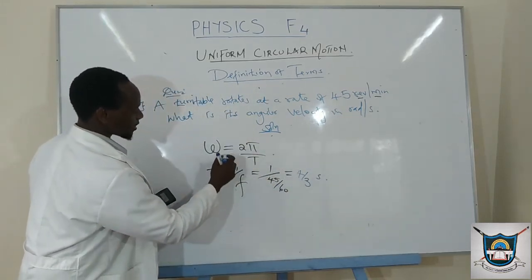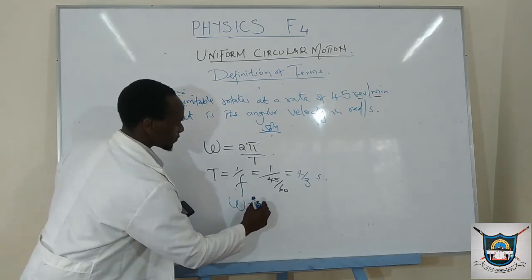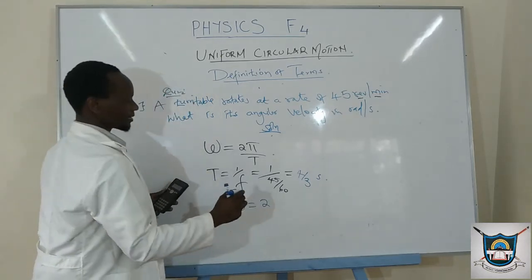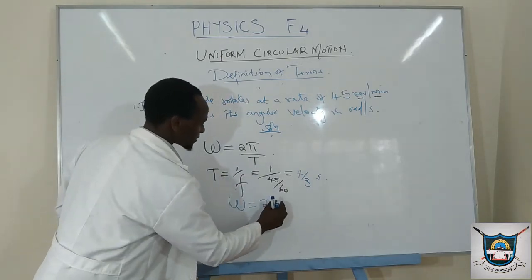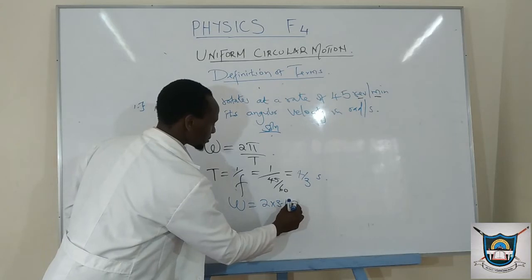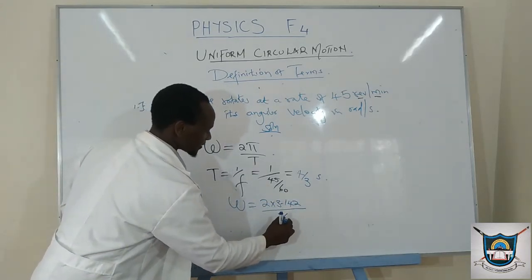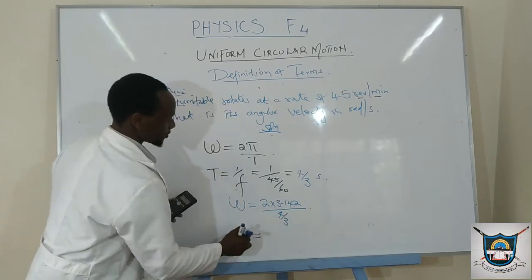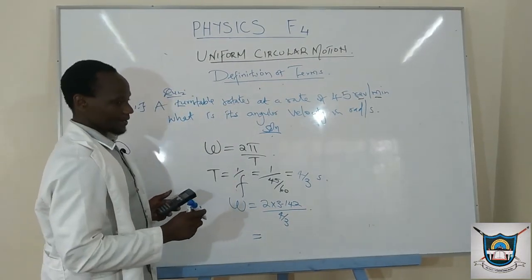So now in our equation, we can find the angular velocity, which is 2 times pi. Let's take pi to be 3.142, so 2 times 3.142 over the time. The time is 4 over 3. Then use your calculator again.